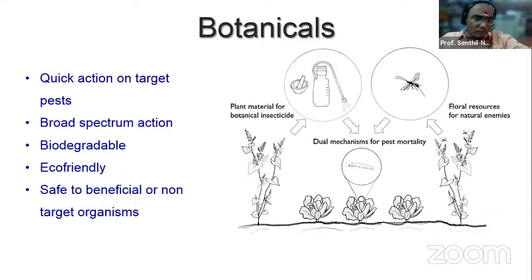That's the point. Eco-friendly, safe to beneficial or non-target organisms. So plant-based botanical insecticides do not create any problem to the environment. As a result, biological control agents survive, including predators, parasites, spiders, and birds, whatever it may be. So floral resources for natural enemies are always available.